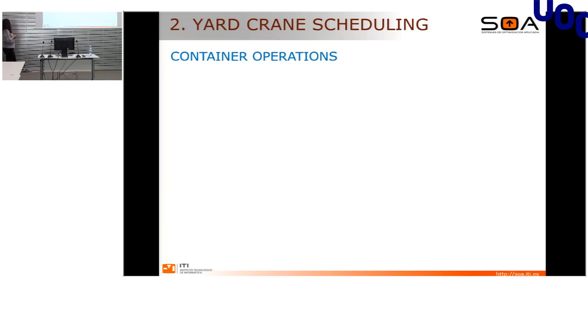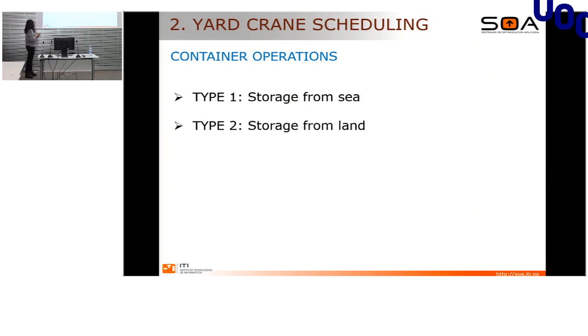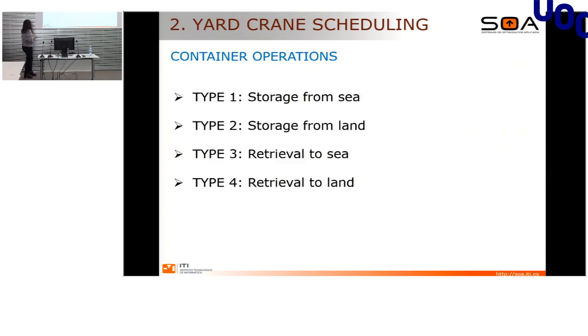The container operations that the crane can carry out are of four types. Type 1 is storage from sea: when the container arrives from the vessel, it has to be stored inside the yard. Type 2 is the same, but from land.